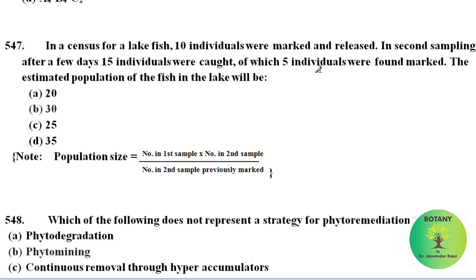Here we write 5. So in number of first sample we write 10, in number of second sample we write 15, and in number in second sample previously marked, we write 5, and after solving this equation answer will be 30.